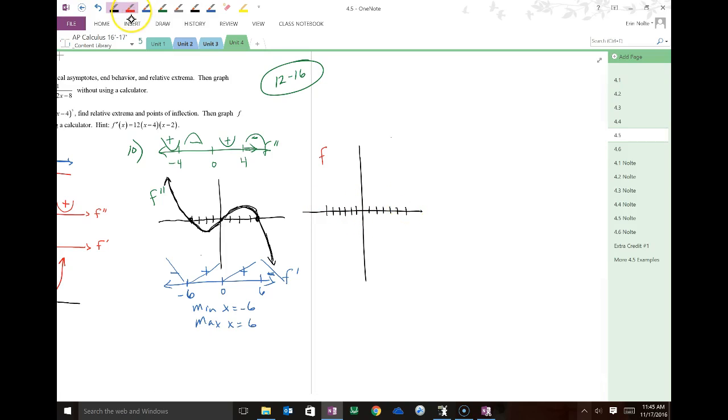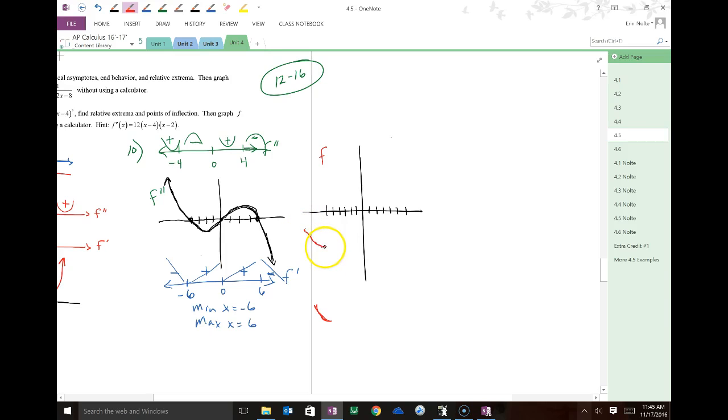Okay, so from -infinity to -6, we have a positive concavity and a negative slope. So for my happy face, I have a negative slope, so it's going to start with this curve down here. From -infinity to -6, we have this low, and I do know it's a minimum, so I'm going to start this below somewhere.